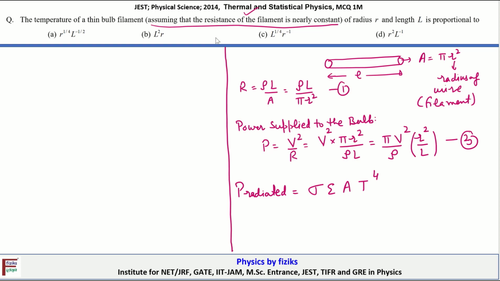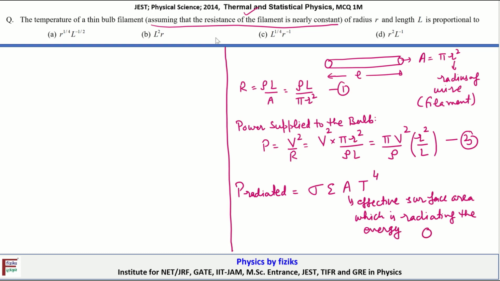Here A is the effective surface area which is radiating the energy.